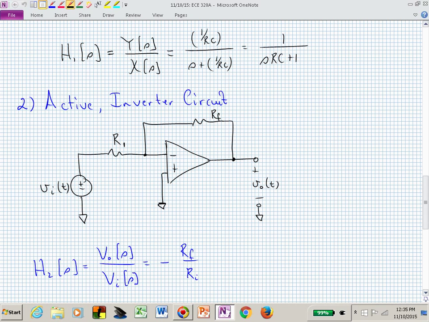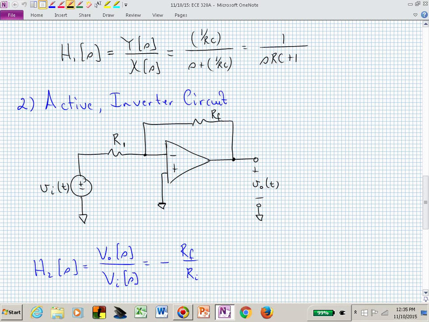We derived very quickly this relationship for an active circuit. I'm not showing you how this is powered, but you obviously have to power this op amp in order to make it work. Once you have energized the op amp, if you have negative feedback, it behaves in nice ways.